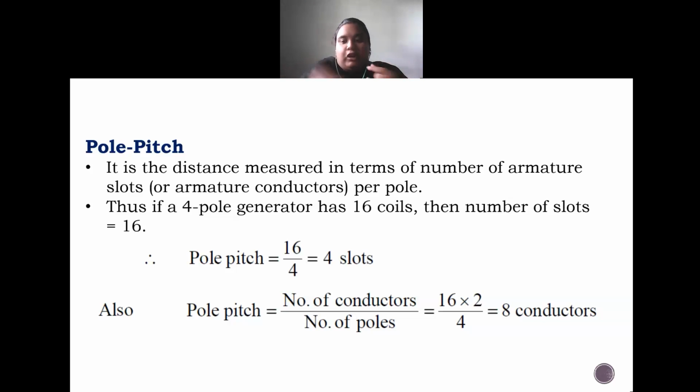We can talk about how many slots per pole, or we can talk about how many conductors per pole. Depending upon our requirement, we can represent the pole pitch in number of slots, or in number of conductors.